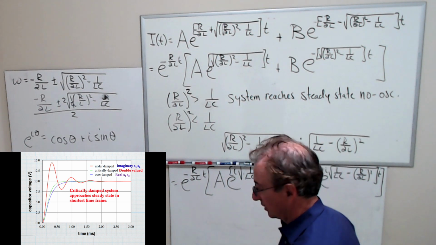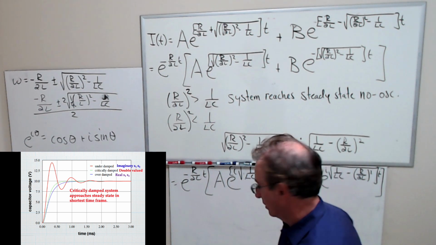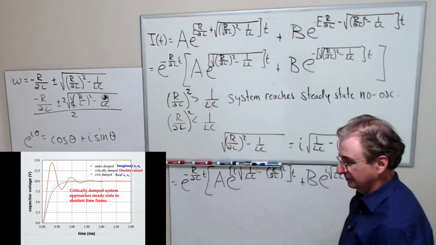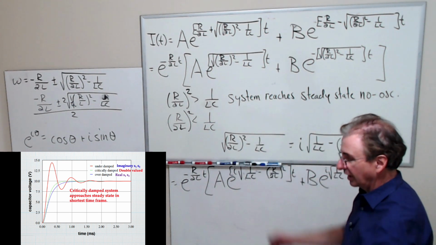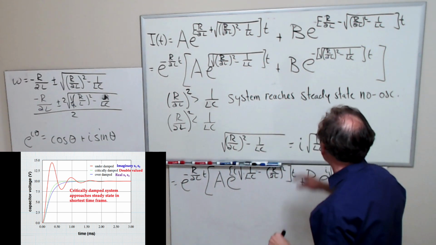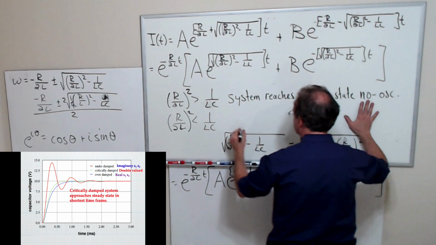These are sines and cosines with an exponential decay in them. So you get an exponential decay with a sinusoid. So you're going to get a system that reaches steady state with oscillations.